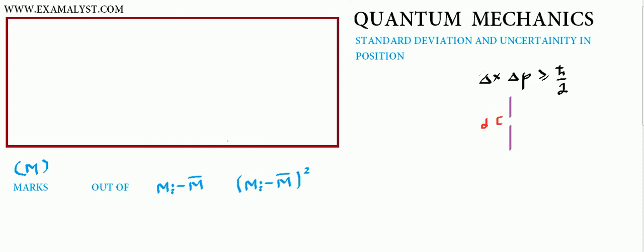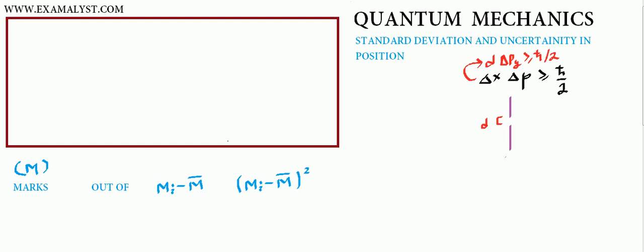The uncertainty in position was d, and there was an uncertainty in momentum in the y direction. We proved that the multiplication of these two was greater than h cross by 2. Although we got h there, anyhow it is taken as h cross by 2. That is a concrete proof, and this is just a rough proof.